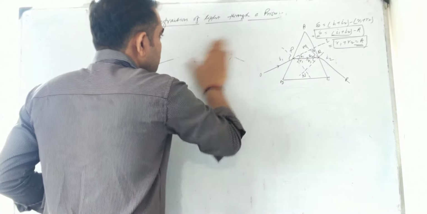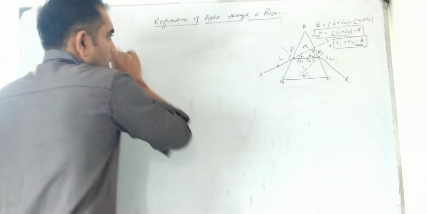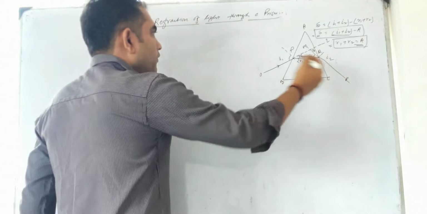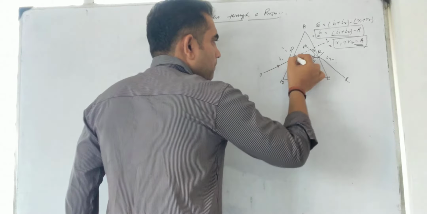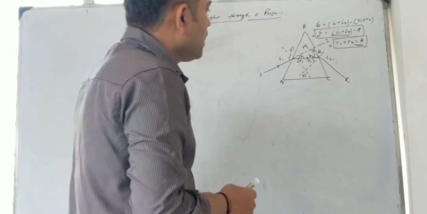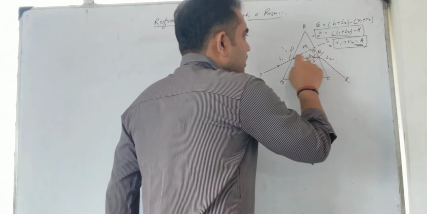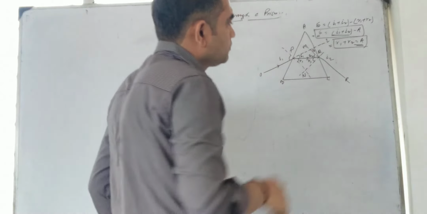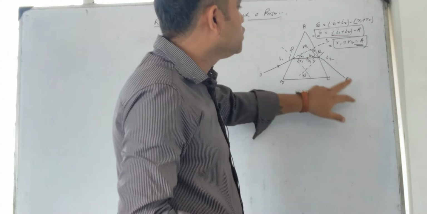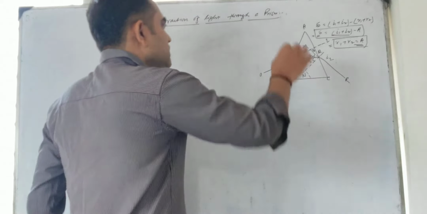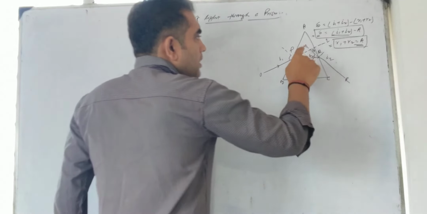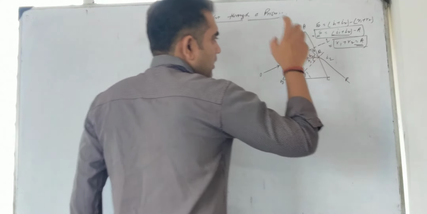We have a prism, and a ray of light OP strikes the first refracting surface of the prism and suffers refraction. The refracted ray is PQ, and after refraction it emerges out as QR. At the first surface we have the angle of incidence I1 and the angle of refraction R1.